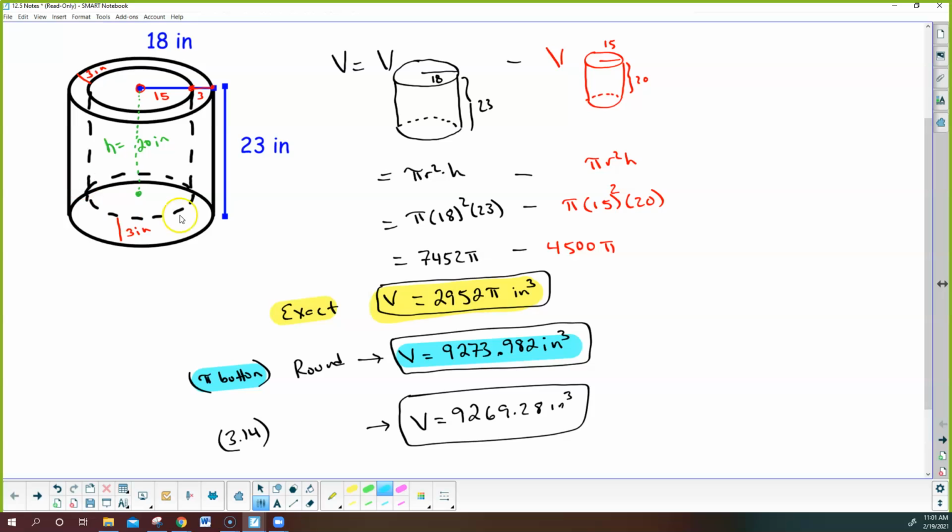The larger the numbers you have, the more of a difference you're going to have in your answer using the pi button versus the answer using 3.14, which is why we don't want you to use 3.14. We always want you to use the pi button if you're going to have a decimal answer, and you should always round that to the nearest thousandth, so the third decimal. Okay, so just a little side note, because the larger the numbers are, the bigger error occurs.